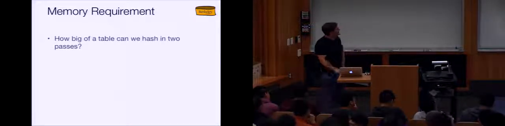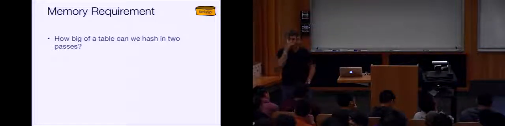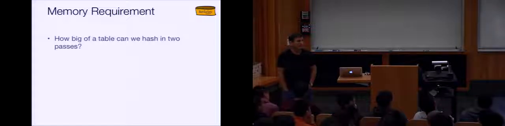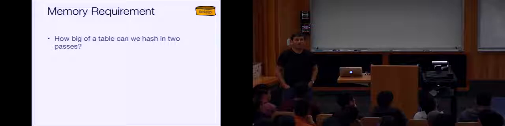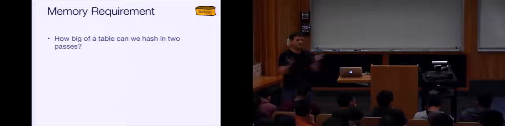Okay. What's the memory requirement? Well, let's think about this. How big of a table can we hash in 2 passes? Anybody see it? Each partition is how long? In the first pass, we partition into B-1 buckets.